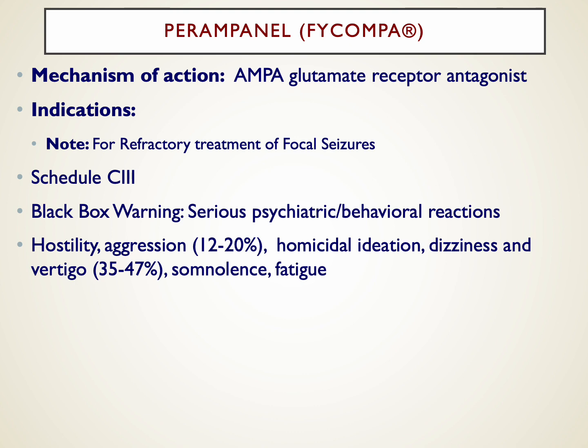Here's an agent, perampanel, which I have no experience with, and it is really limited to refractory cases for focal seizures. It's a Schedule III drug with a serious black box warning about behavioral reactions in patients, including homicidal ideation. And so any agent that has this kind of a black box warning in general is going to be quite limited in its use.